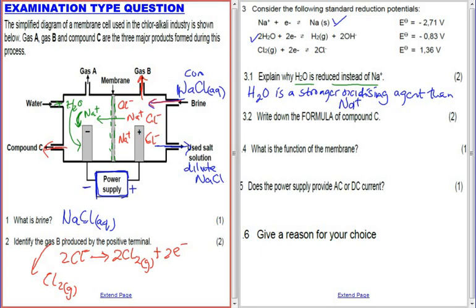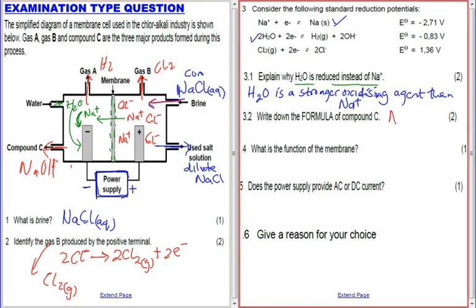I think you can tell it's hydrogen, because chlorine should get out of here. Hydrogen there. So the only other product we have is sodium hydroxide. That one. So let's see what's what. Here we just write it as sodium hydroxide. Really, that's compound C. That's this one. And I just really like state symbols.